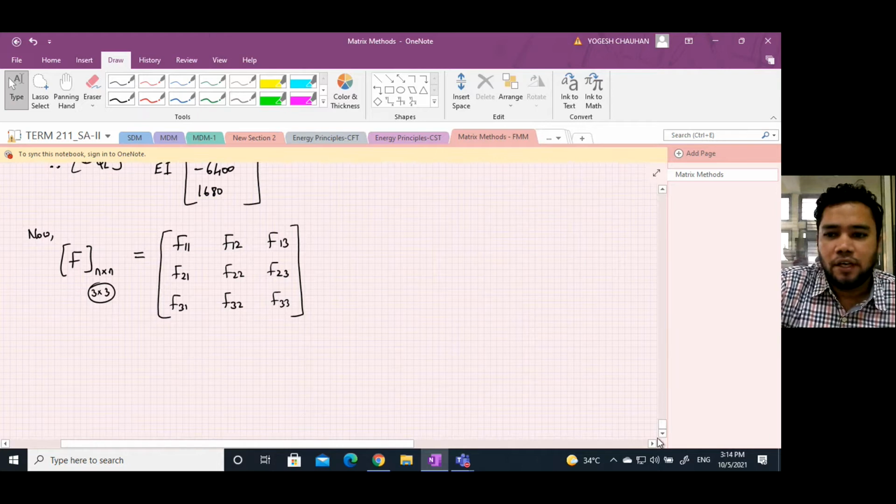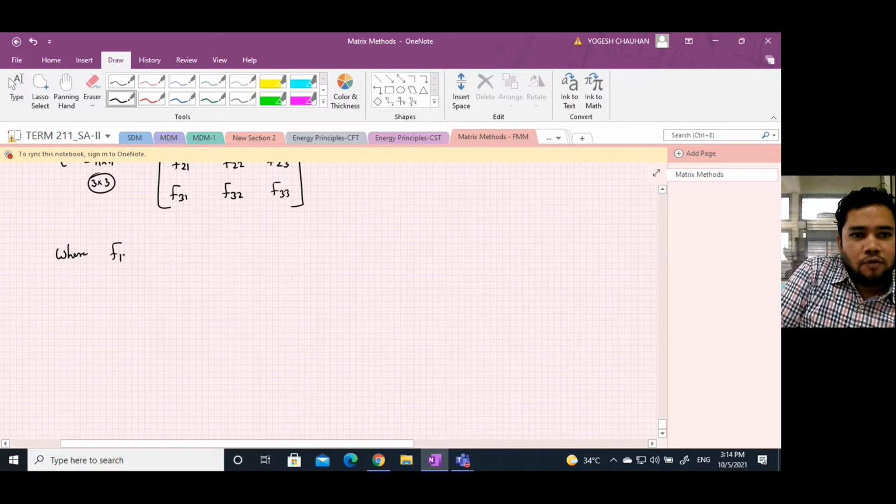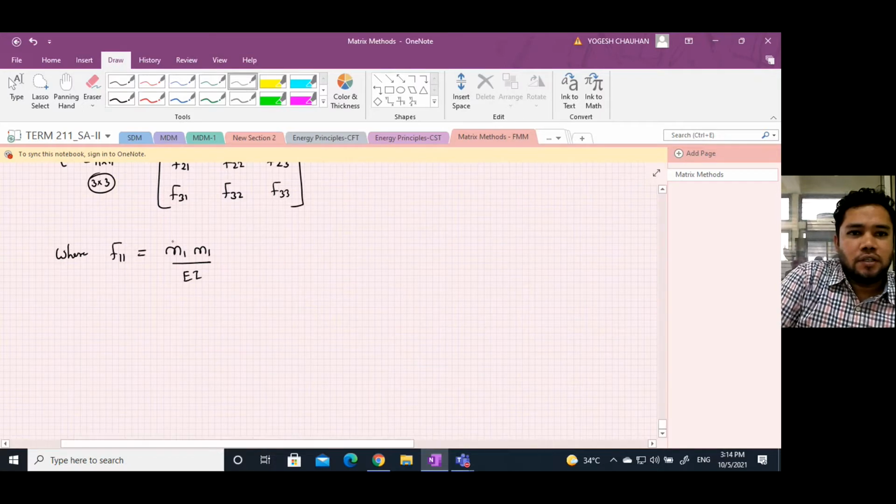So let us find F11, where F11 will be equal to small m1 by EI. That means we have to take the area of the small m1 diagram and multiply by small m1.